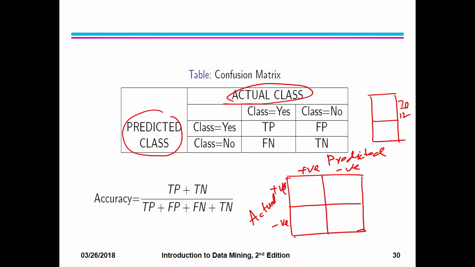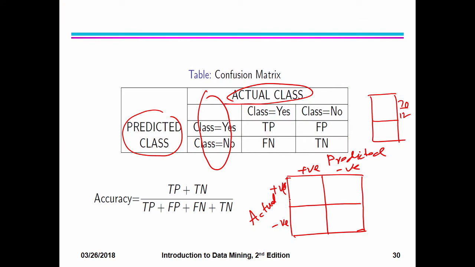Earlier we said each column gives the actual class level. Now each row will give the actual class level. So that means if you add this row, you will get 12 entries here, and if you add this row, you will get 8 entries here.